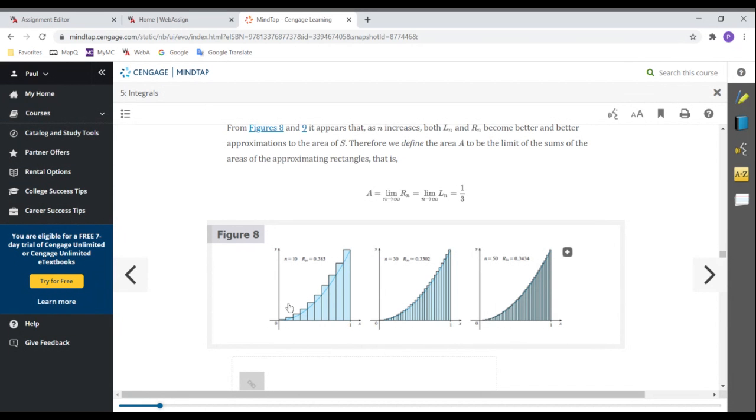In the first picture, they use 10 subintervals, so they're adding up the areas of 10 rectangles based on the right endpoints of the intervals. In the second picture, they're using 30 rectangles, n equals 30. And in the third picture, they're using 50 rectangles. You can see the more rectangles that you use, the better your estimate's going to be.